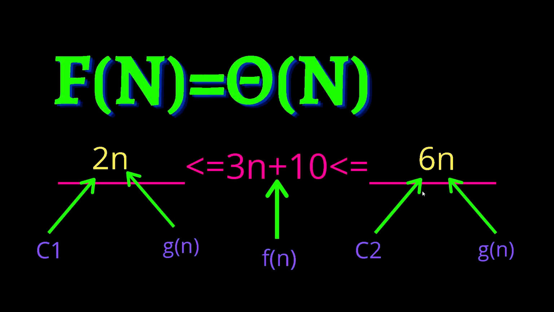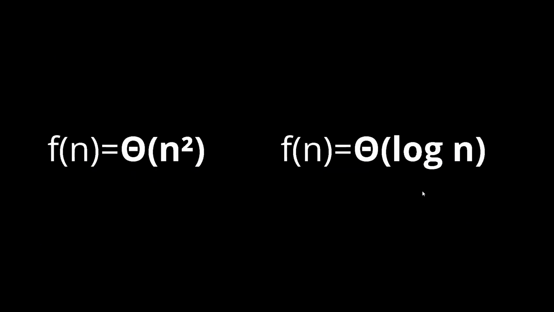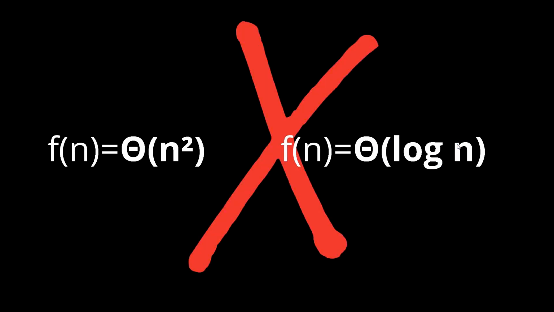Now, when it comes to theta, can I say that the upper bound is true or the lower bound is true? Which bound is true? If I say f of n is theta of n, or theta of n squared, theta of n log n, which of these values are true? If I compare between them, these other values are wrong.